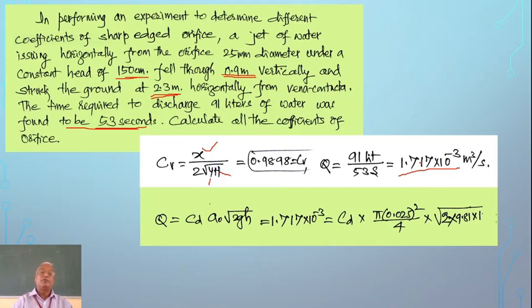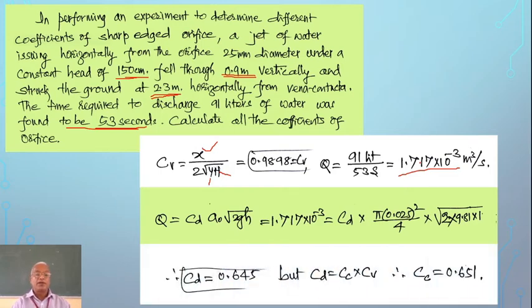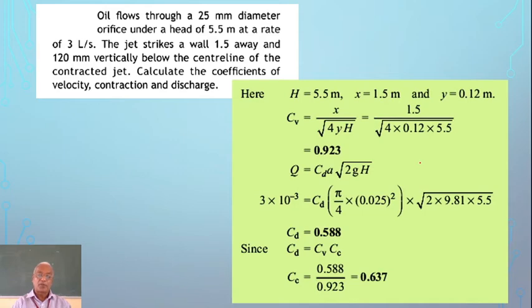Now if you compare these two and calculate the value of CD, the coefficient of discharge, it has come out to be 0.645, but CD equal to CC into CV, that's why CC will be 0.651. Okay, this is problem number 1.